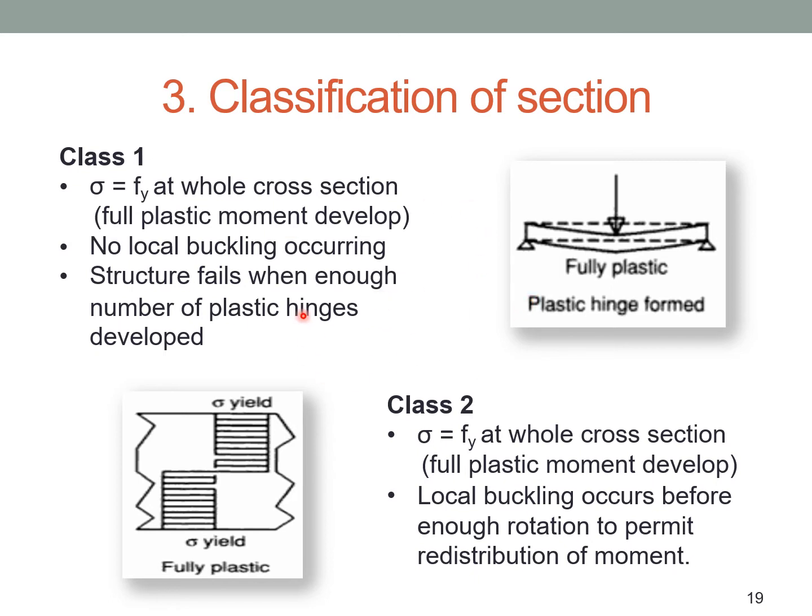That is class 1. For class 2, the stress is equal to the yield stress. It means that the whole section is fully plastic, and local buckling occurs before enough rotation to permit redistribution of the moment. That is class 2.